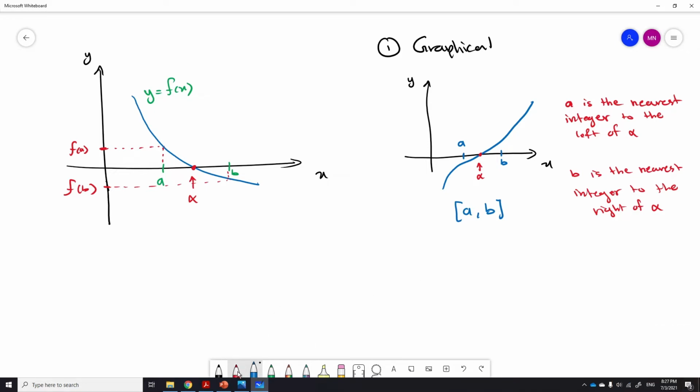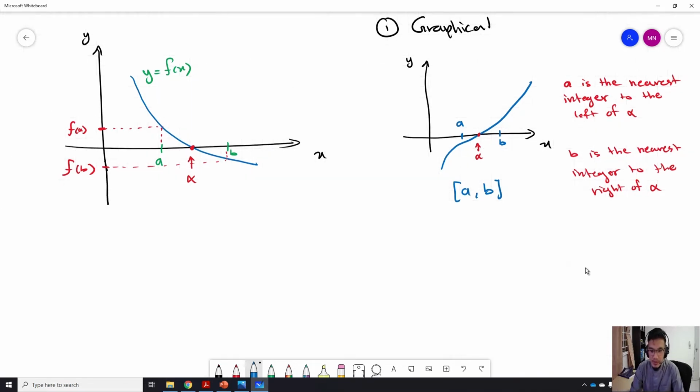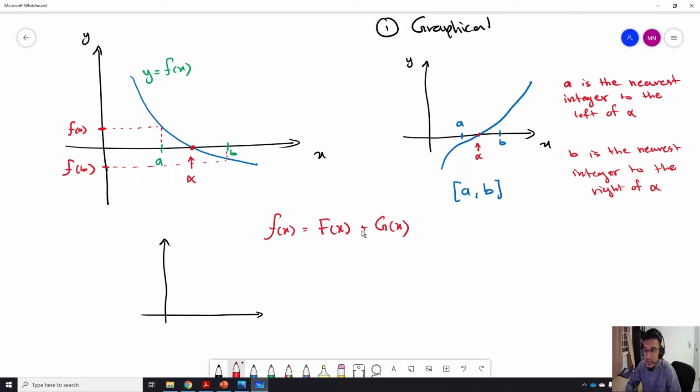Alright, so let's look at another example for graphical. Let's say we have a graph where the equation of the graph is f(x) equal to f(x) plus g(x). So that means there are two types of function inside one function, that will be equal to 0.